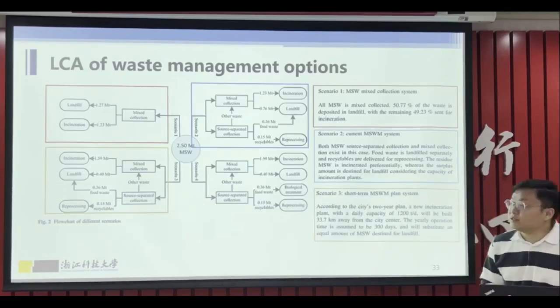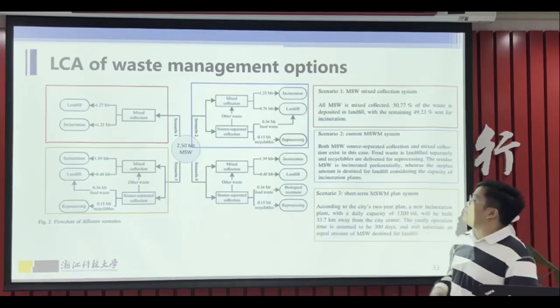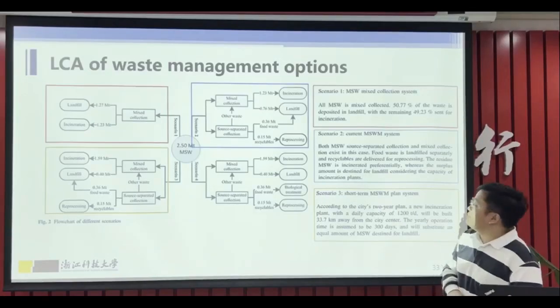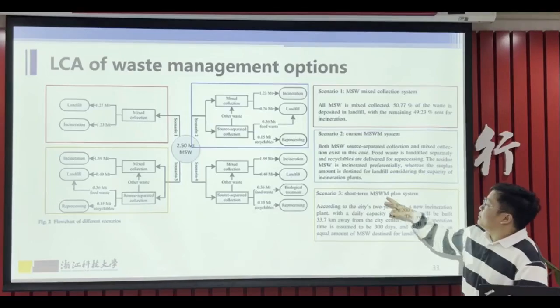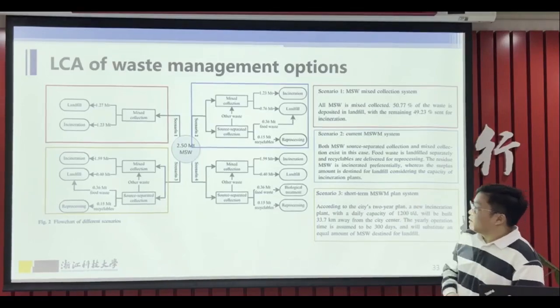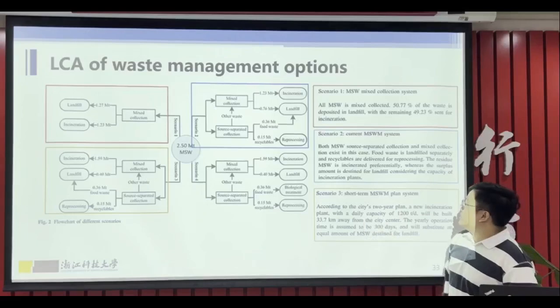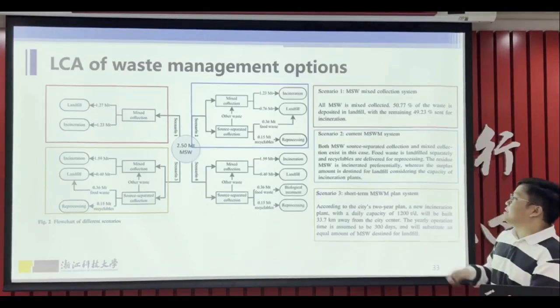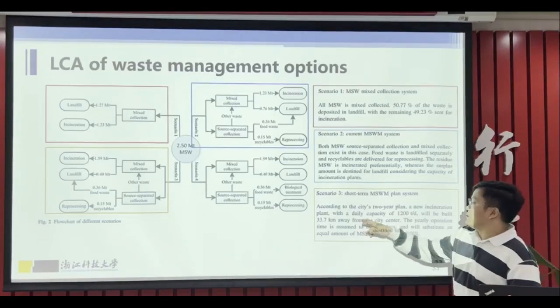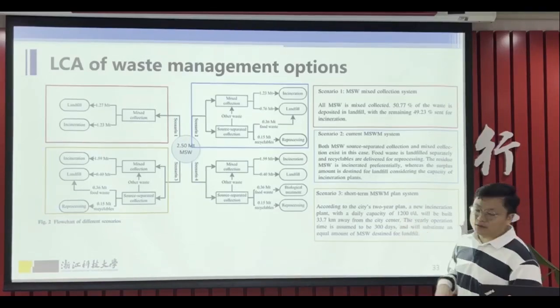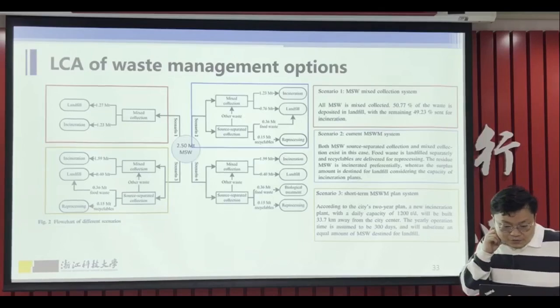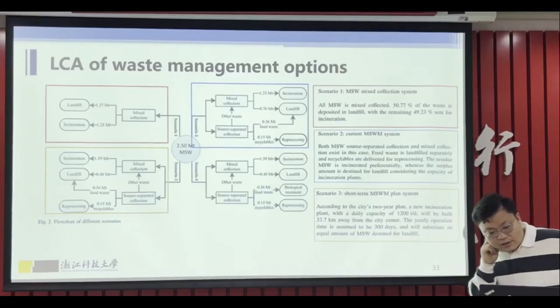The third scenario is a short-term MSW management plan system. This is according to the city's 2-year plan. A new incineration plant with a daily capacity of 1,200 tons per day will be built in the near future.